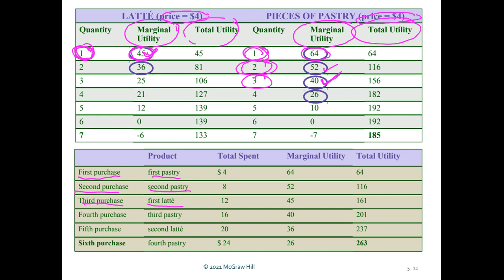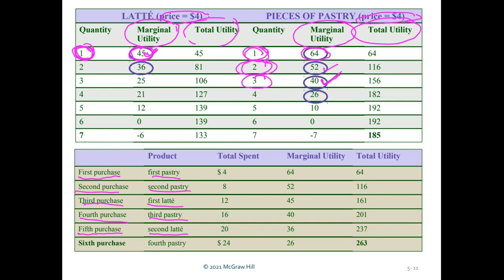Then fourth purchase, third pastry, because the third pastry marginal utility is more than the second latte, and you can see the above table. Then fifth purchase, second latte. So basically, she bought three pastries and two lattes. Why do we stop here? Because the whole $24 is exhausted.